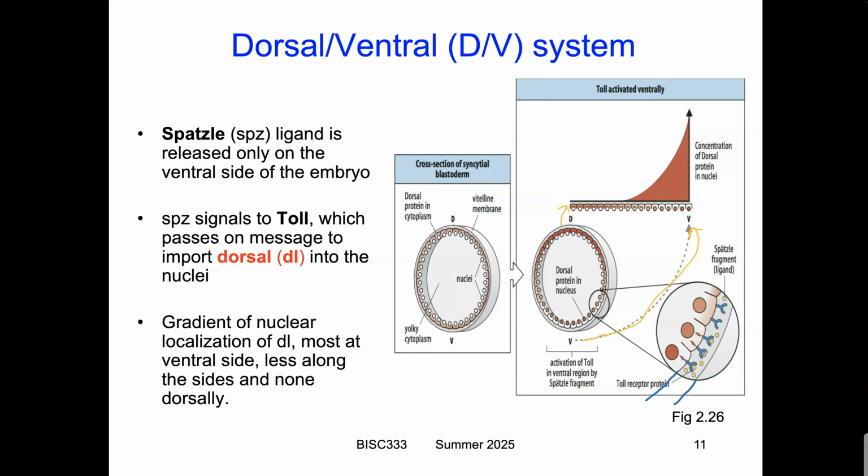And the activation leads to a protein called dorsal moving into the nucleus. And it moves into the nucleus only where there are reasonable amounts of toll activation. So there's lots of dorsal protein in the nucleus at the very ventralmost surface.